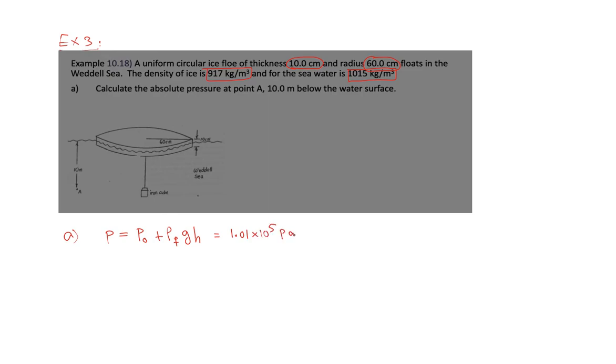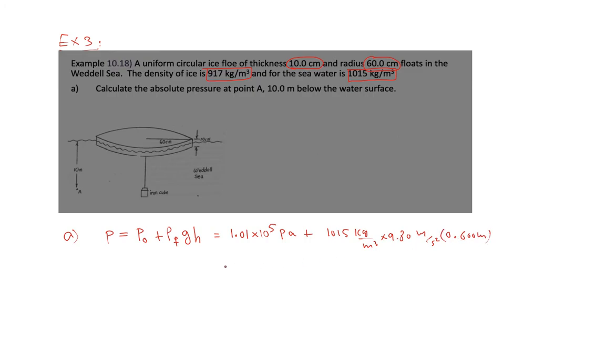This is the pressure at the surface, plus the density of the fluid, which is 1015 kilogram over meter cubed, times 9.8 meter per second squared, times the depth, which is 60 centimeters, so that is 0.60 meter.